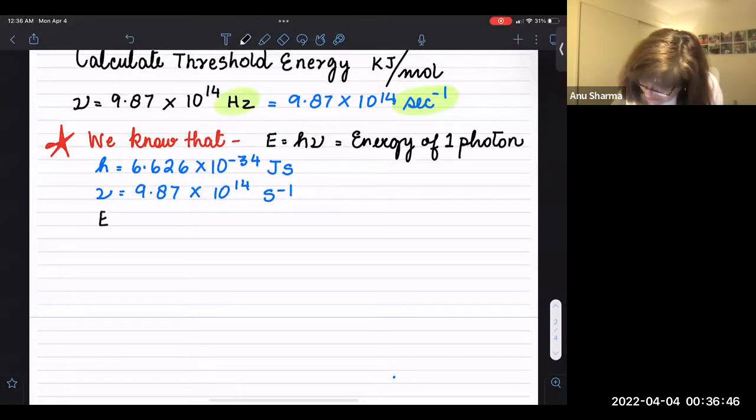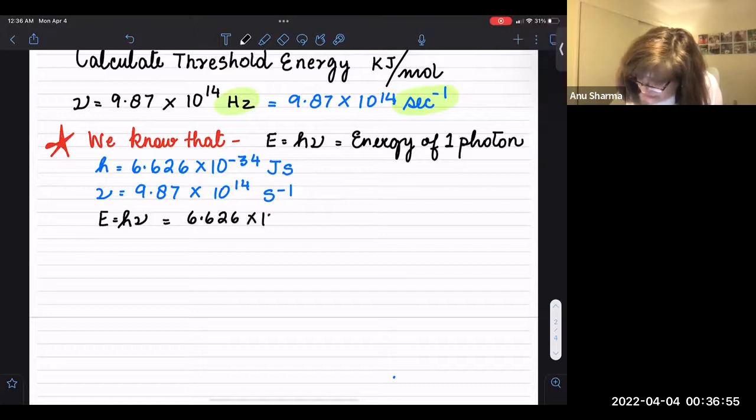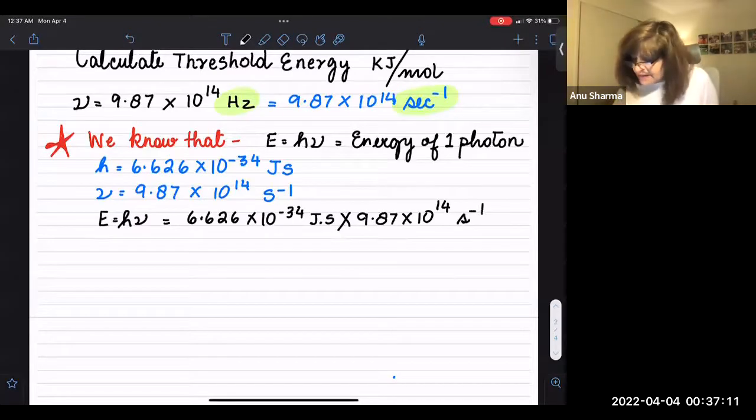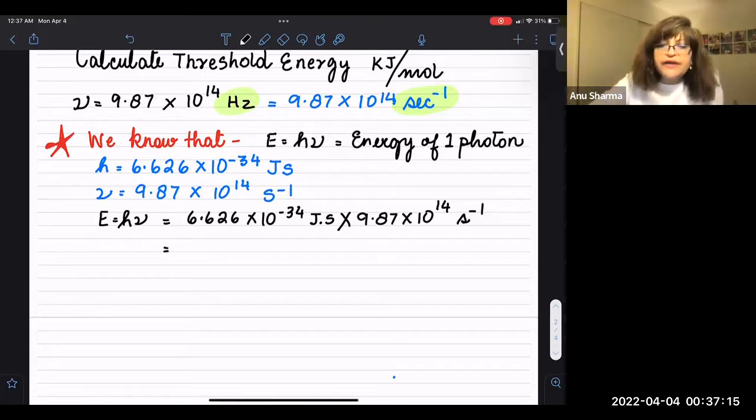So E is equal to h nu, and h stands for 6.626 into 10 to the power -34 joules times second, multiplied by 9.87 into 10 to the power 14 seconds inverse or per second. Now when you multiply the two, this is what you get.